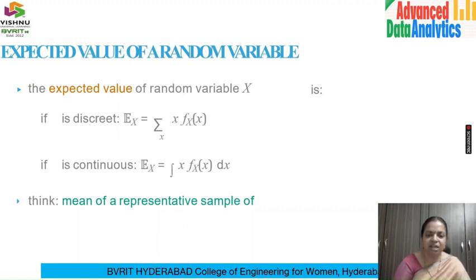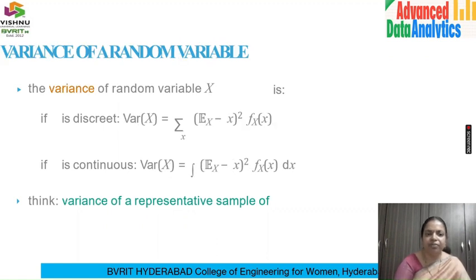If it is a continuous value, then we integrate: the integral of x times f of x. Here we are using the mean of the representative sample information x, to make our discrete or continuous value.